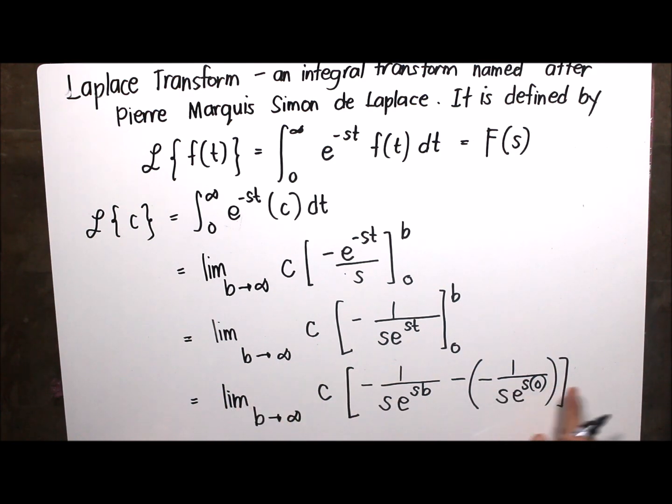In this case, since we cannot substitute infinity directly, if we're going to take the limit as b approaches infinity, if b is an infinite value multiplied to another constant value s, that means we are taking the quotient of 1 divided by e raised to an infinite value, which definitely will be infinite.